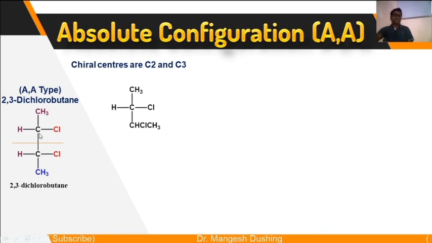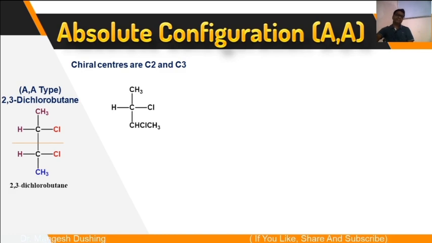So we are now finding the absolute configuration for the C2 carbon. Write like this in a Fischer projection formula. This is the C2 carbon, CH3, and these are the groups: CH3, CHClCH3, H and Cl. These are the atoms attached to this carbon.